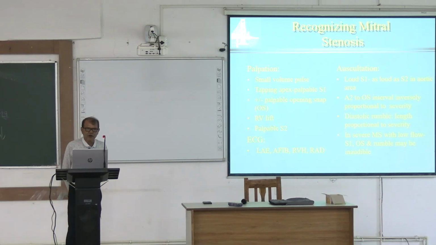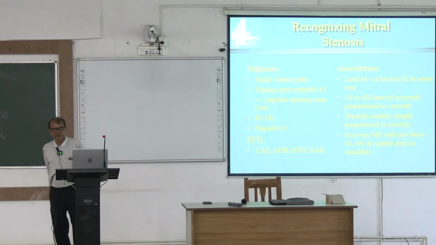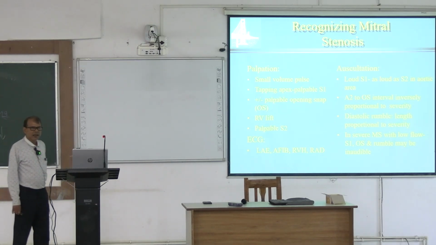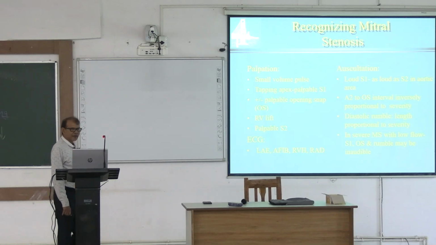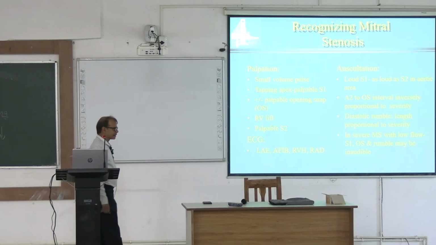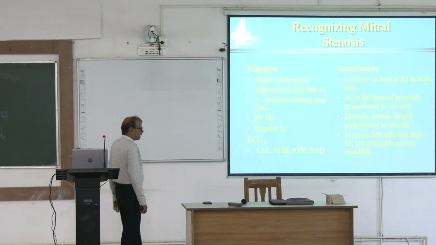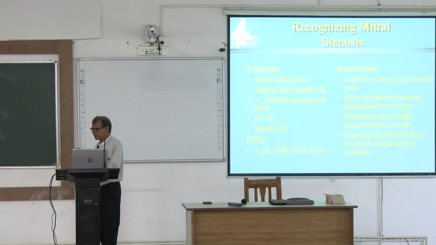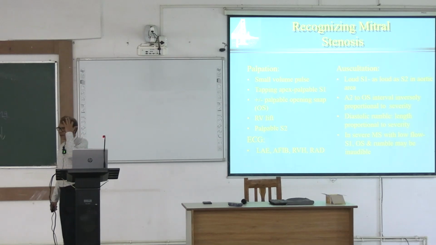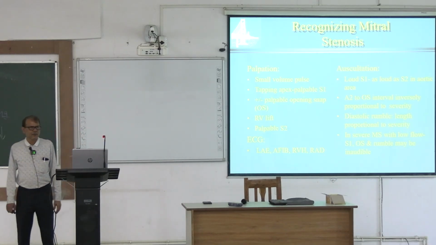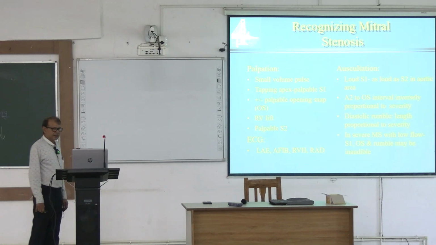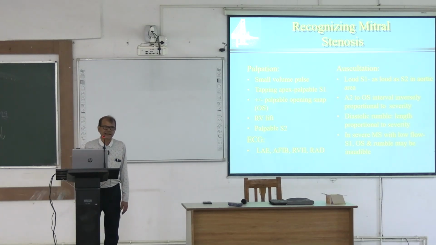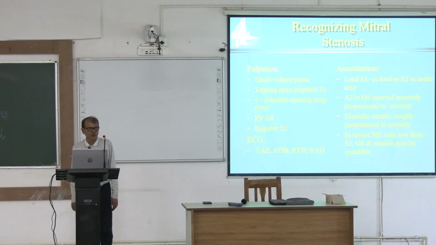S2 is usually normal, but in the presence of pulmonary arterial hypertension, S2 is loud due to the loud pulmonic component of the second sound. Third, an opening snap, that is a diastolic sound immediately after the S2, more precisely 0.05 to 0.12 second after the second sound.